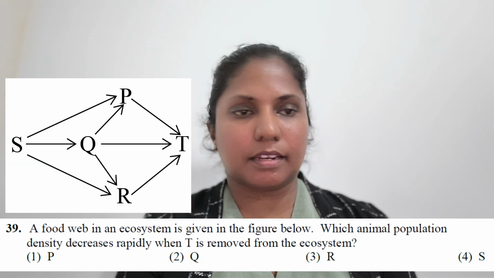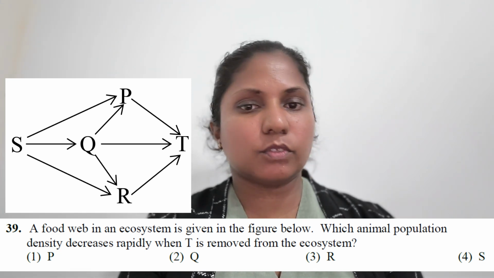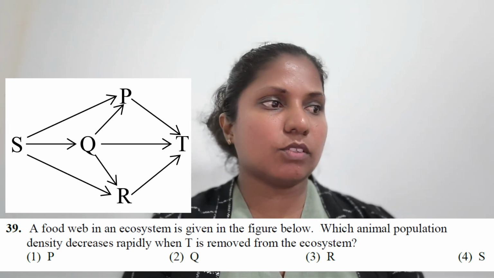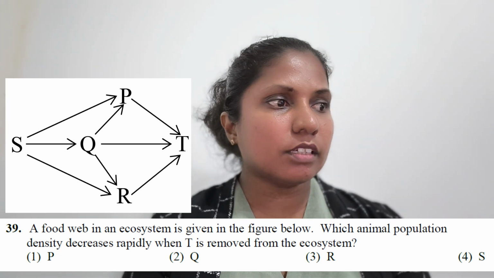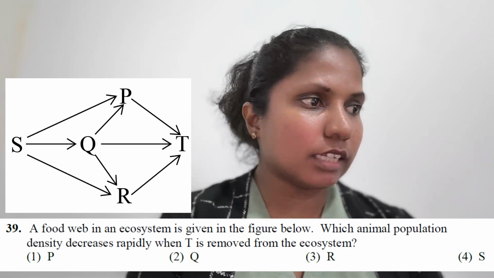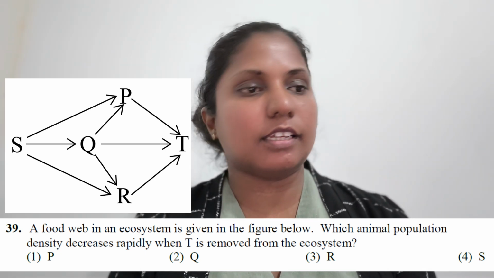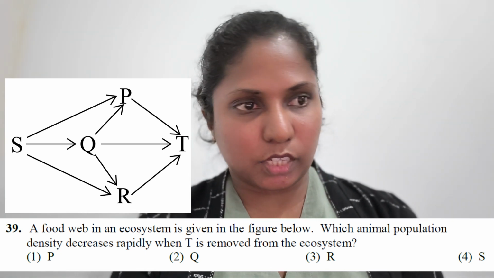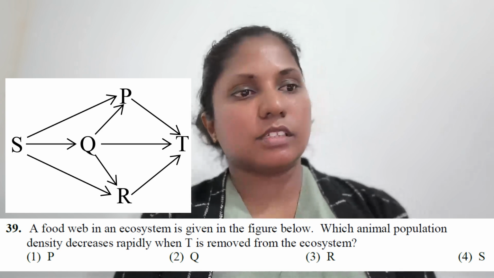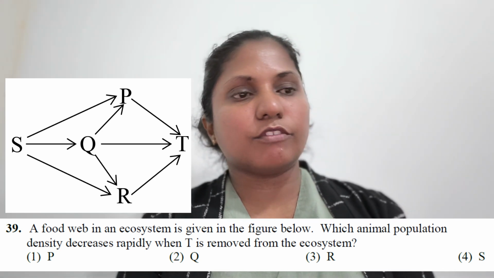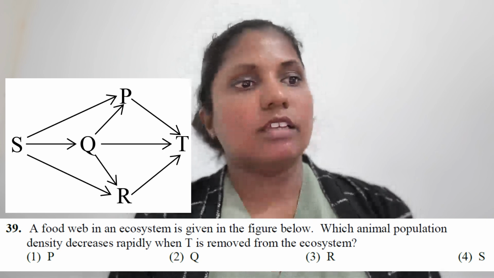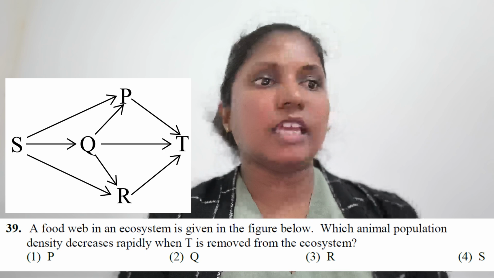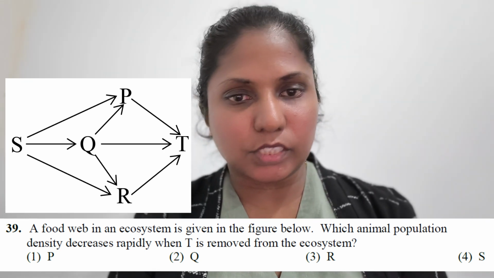Question number 39. So this is a food web. Now they are removing tea from this ecosystem. Because of that, which population density decreases rapidly? So let's see. The tea is at the end of the food chain, so it is definitely a predator. If we remove the tea, both Q and P and R will all be highly populated.